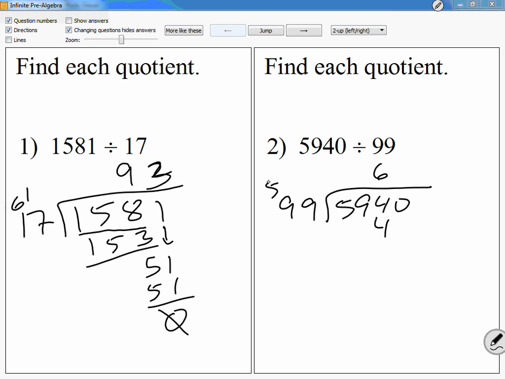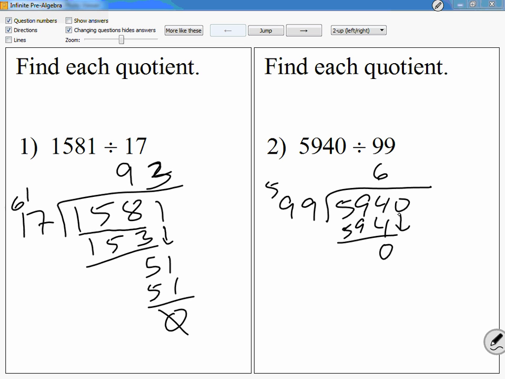How much is 6 times the other 9 plus 5? 6 times 9 plus 5. 59. Thank you. When I subtract this, I get 0, right? 594 minus 594 is 0.